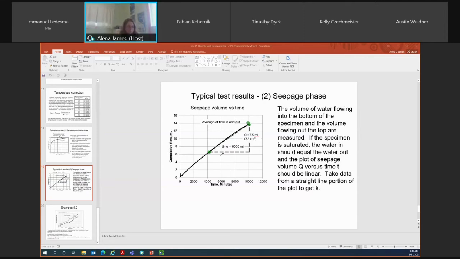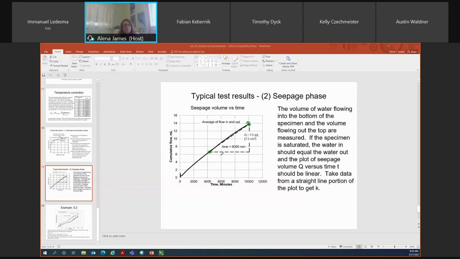So if we go 13.8 and take away 6.3, I get about 7.5 millimeters. That is my Q value, the average of your flow in and out over that time period between about 4,200 minutes and 10,200 minutes. So that's how I would determine what my Q value is.